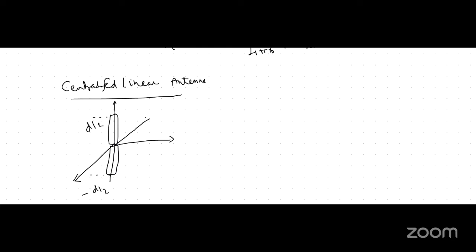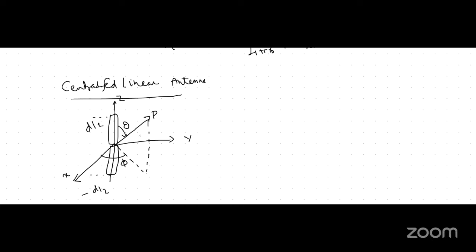This is the point E. This angle is phi, this angle is theta. This is the y direction and this is the x direction.